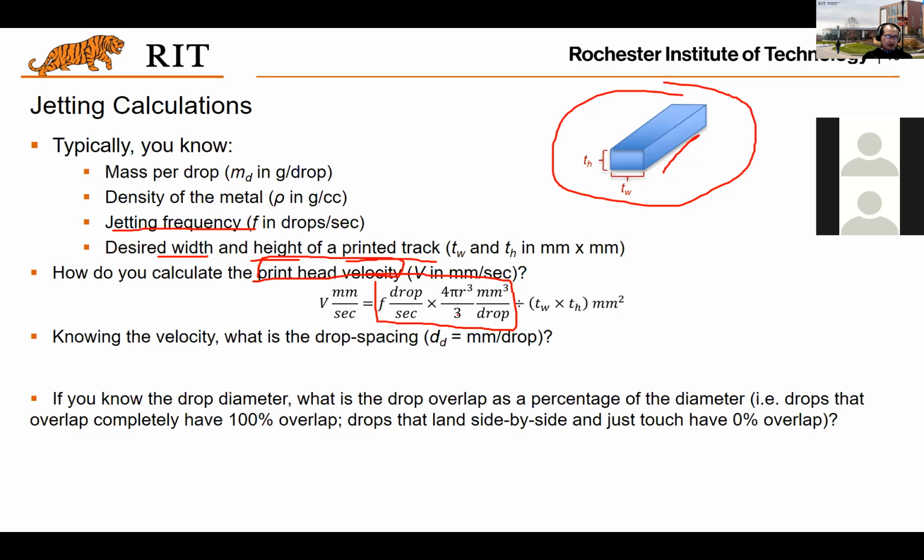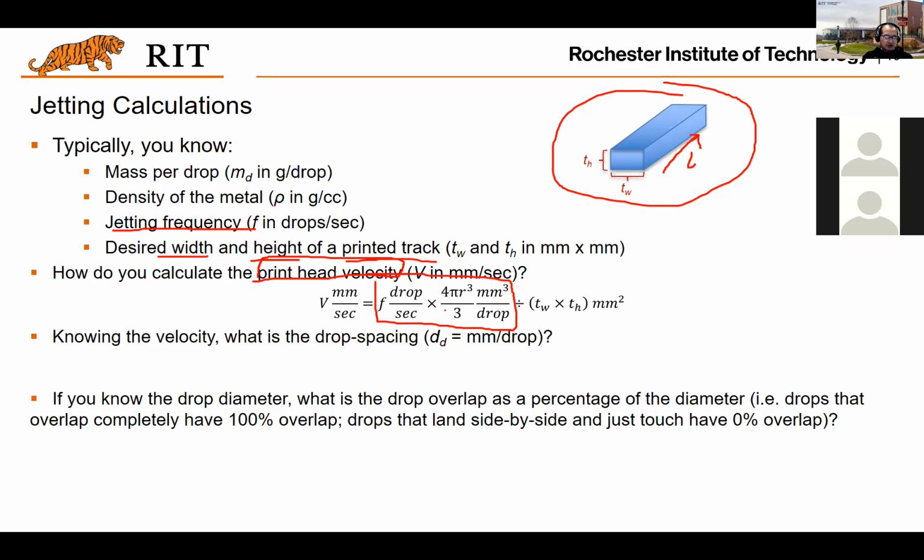And that's the overall material volume. And as we assume on the printing platform, a pattern like this, a trace like this is produced. Basically, you have a width and height, also a length, right?